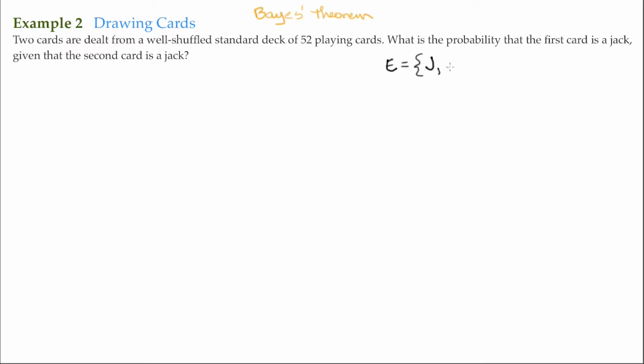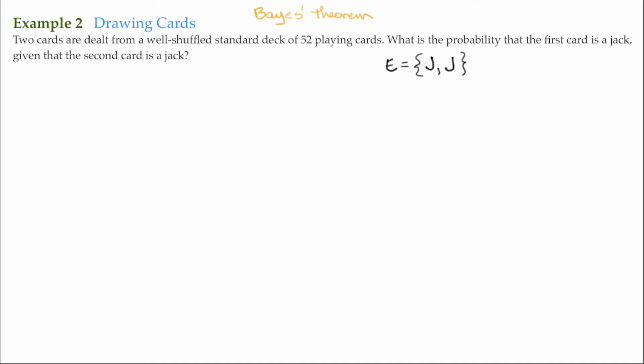So we want 2 jacks. However, what we're going to determine is we want to know what is the probability that the first card is a jack, given that the second card is a jack. In traditional probability, it was what is the probability that the second card is a jack, given that the first one was a jack. Here we're kind of going in reverse order.